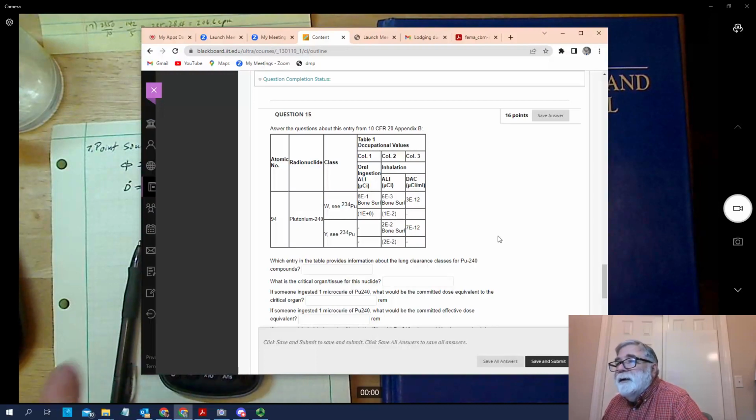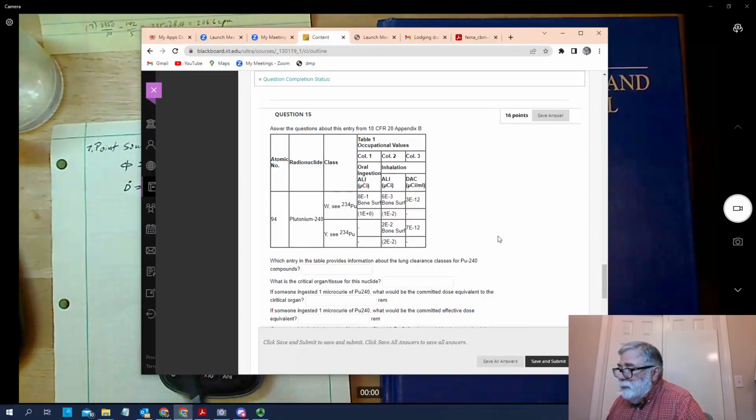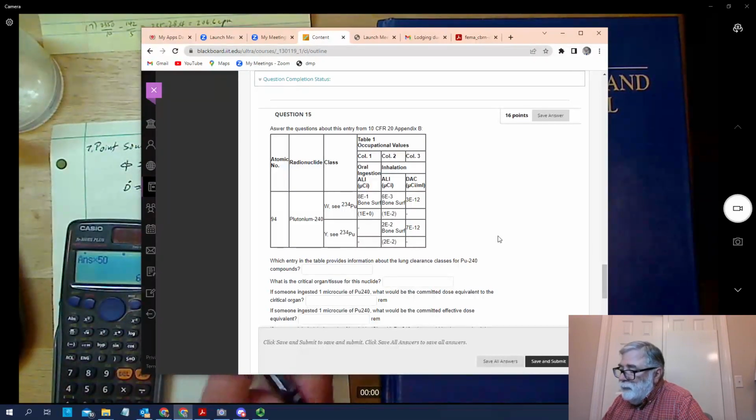And what's the dose limit for the critical organ? The dose limit for the critical organ is 50 rem. The dose limit for the whole body, or the effective dose equivalent, is 5 rem, but for the organ it's 50 rem. We have 1.25 times that, 62.5.